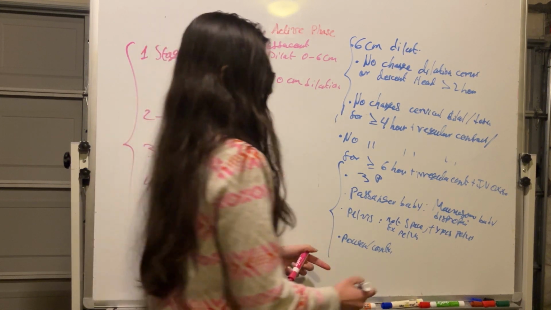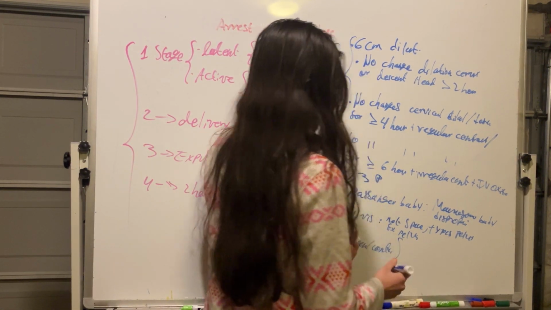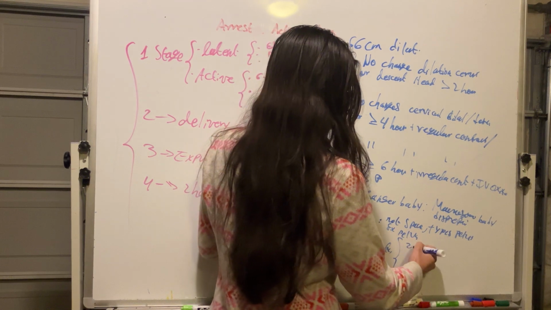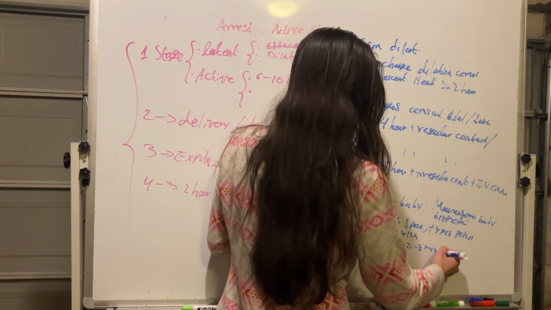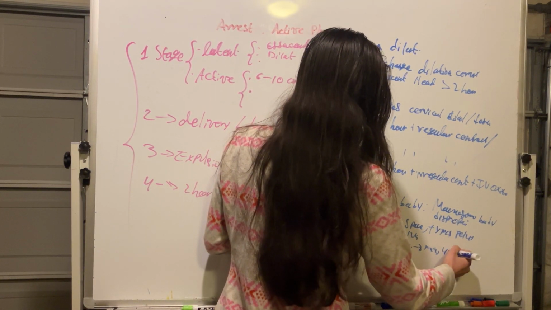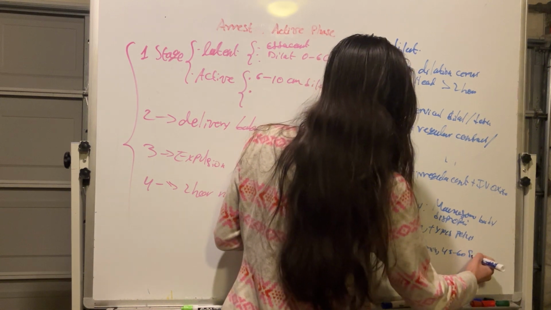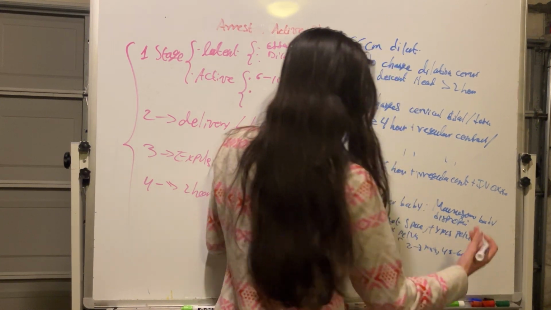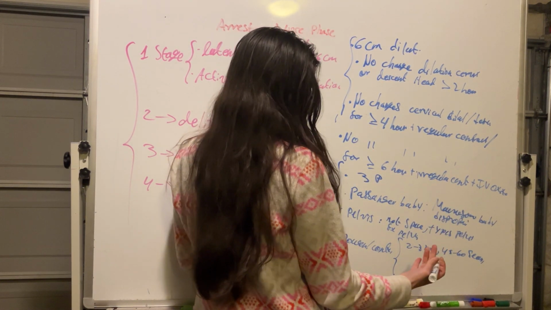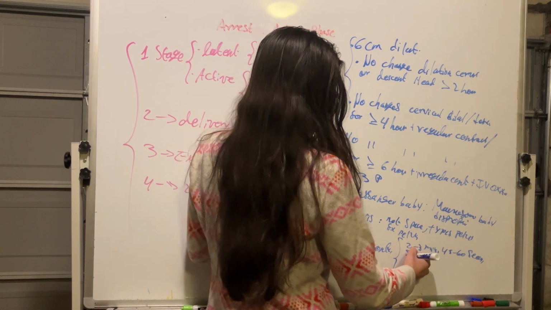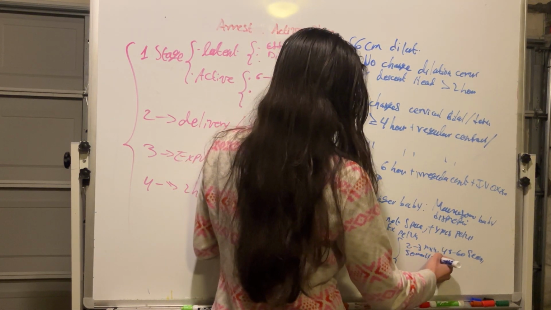And the power of the contraction is, remember, we need to have contractions every 2 to 3 minutes, which should last between 45 to 60 seconds. And the power of the contraction should be 50 millimeters of mercury, more or less.